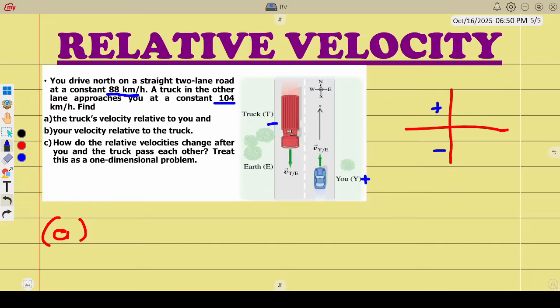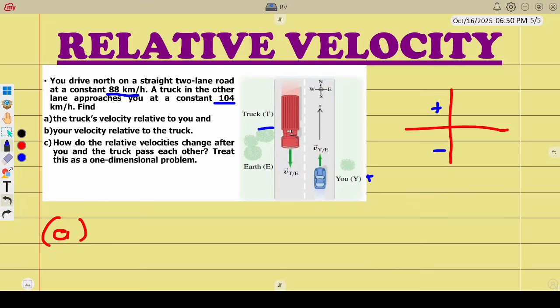Under vectors, in motion in one dimension, direction can be theta, it can be compass directions, due east, due north, or positive or negative signs. So that was just some recap.